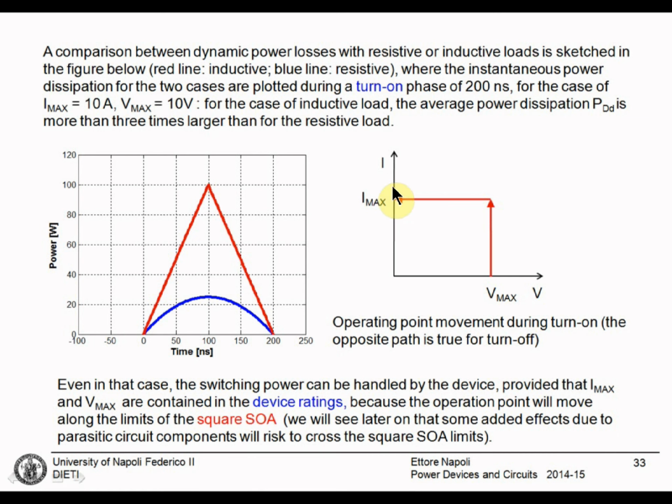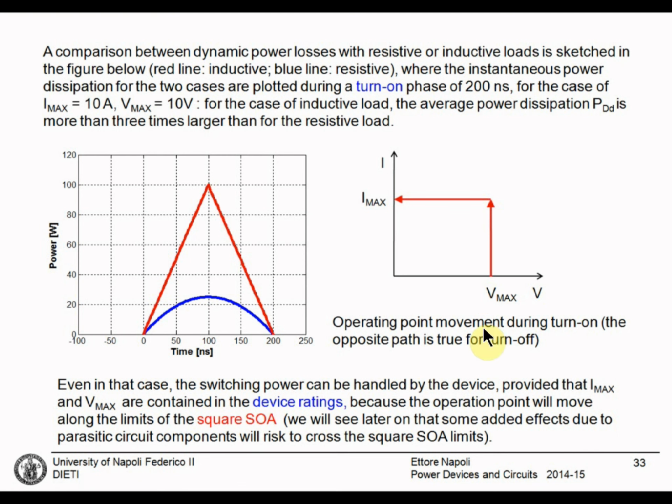It is also interesting to analyze the path of the operating point for the device in the current-voltage plane. This is the turn on. We start the transient here with the maximum voltage applied to the device and zero current. During the first phase of the transient, the voltage remains constant and the current increases.